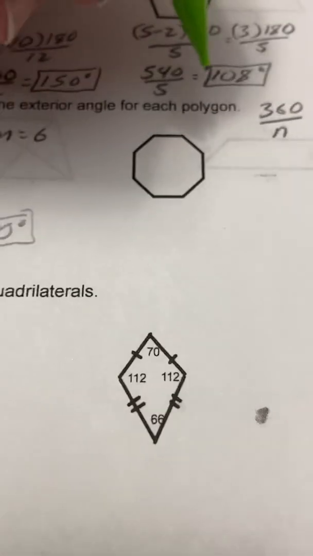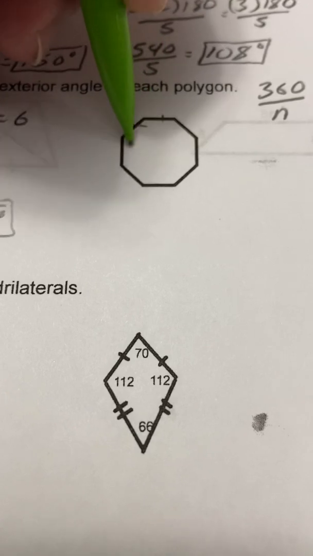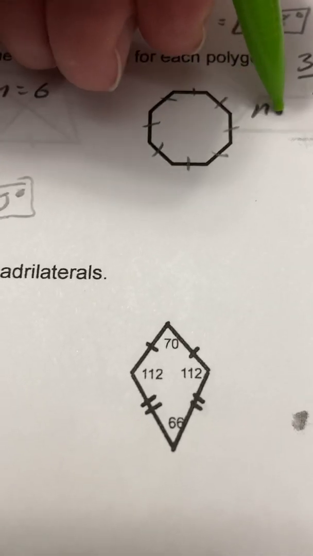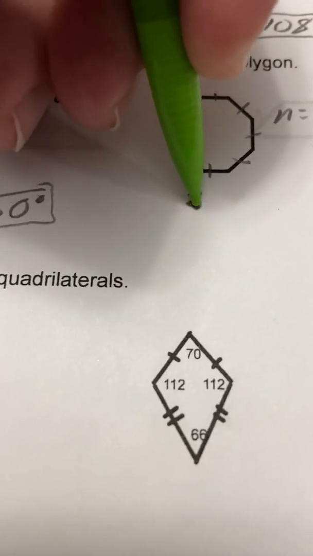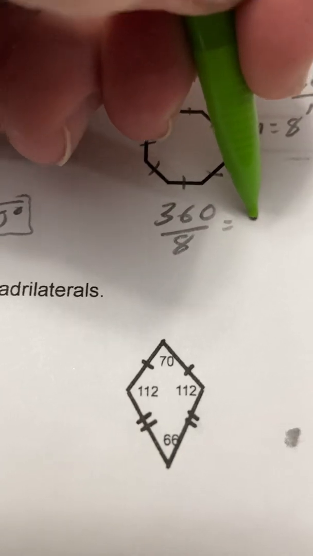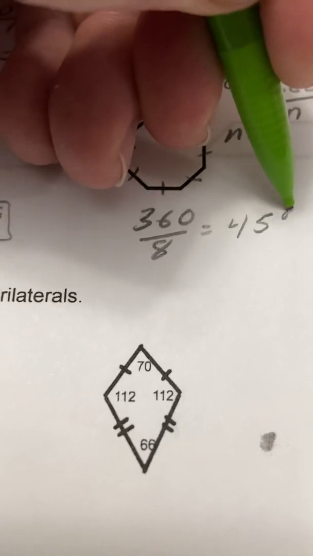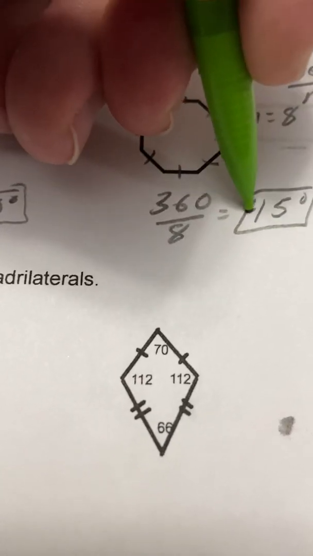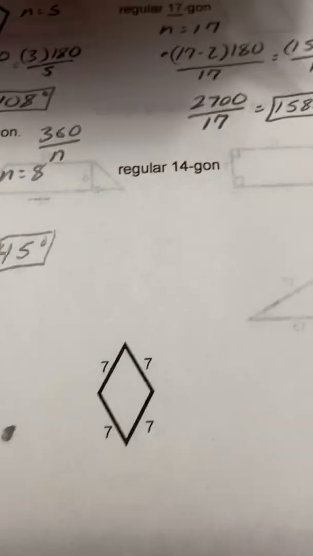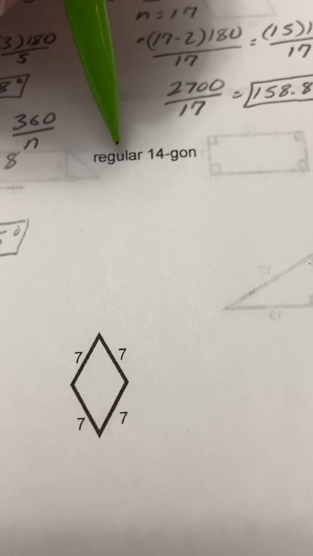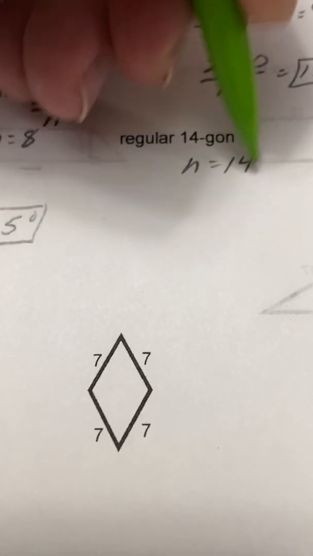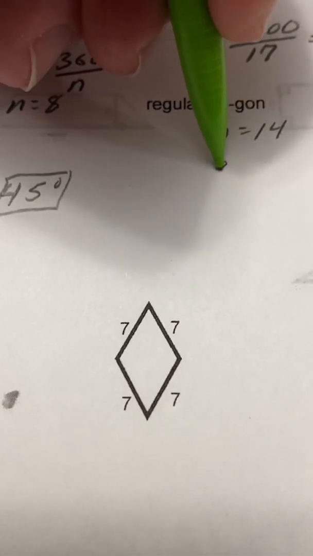All right, next one. 1, 2, 3, 4, 5, 6, 7, 8 sides. N equals 8. So 360 divided by 8 is going to leave us with 45 degrees for each angle. All right, the regular 14-gon. So our n is going to be 14.